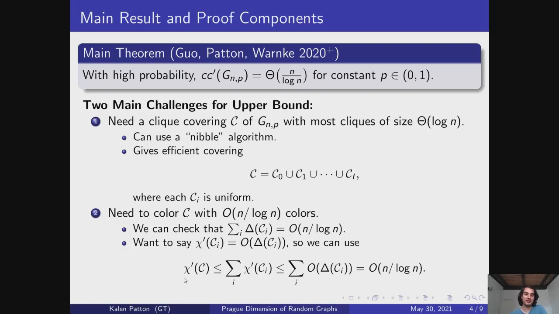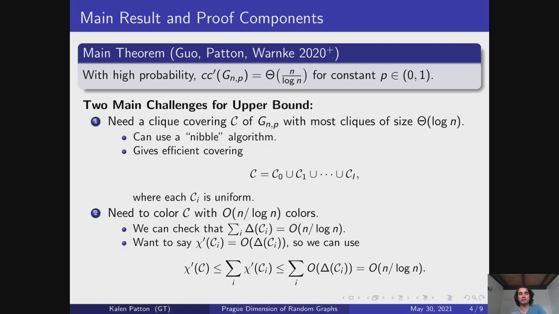Because then we can use this estimate, where we estimate the chromatic index of the entire covering by the sum of the chromatic indices of each partial clique covering, again saying that we color each of these partial coverings with a disjoint set of colors. And then we could say that the chromatic index of each partial covering is on the order of its maximum degree, which we know then sums to something on the order of n over log n.